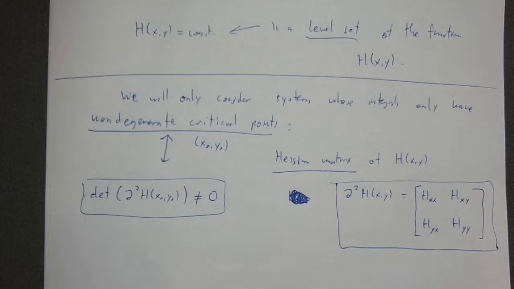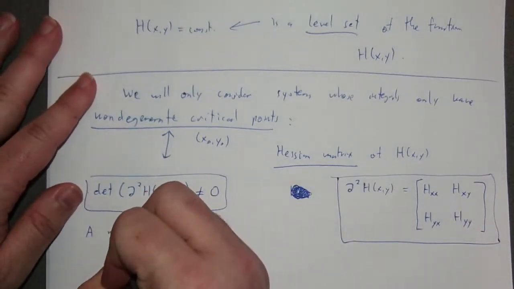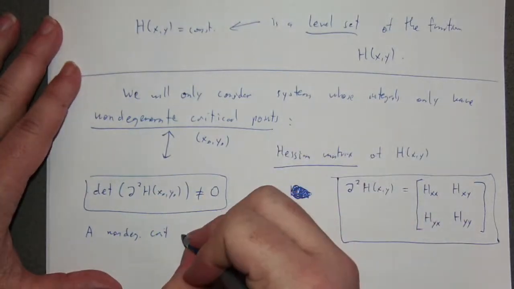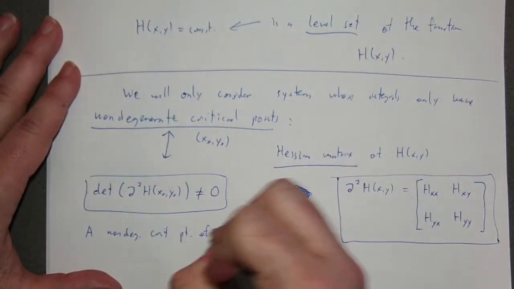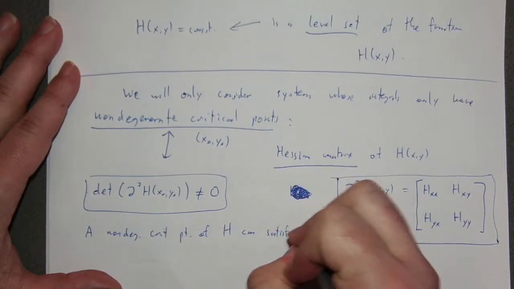There are only 3 possibilities when I restrict my attention to such critical points. A non-degenerate critical point of an h can satisfy one of 3 possibilities.